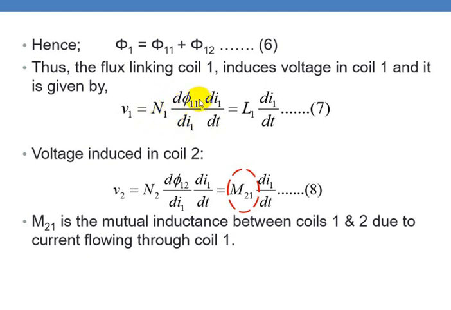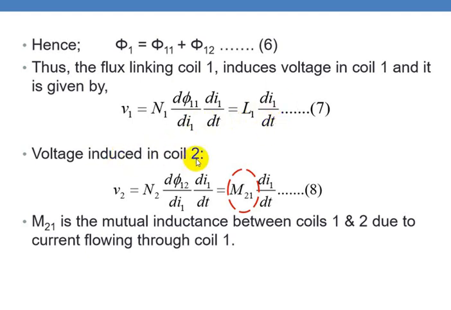This should be multiplied with di1 by dt because the voltage is induced because of the rate of change of current I1. So now this term is called as self-inductance L1. That is the total flux linking the coil due to the current I1. That is called as L1 into di1 by dt.